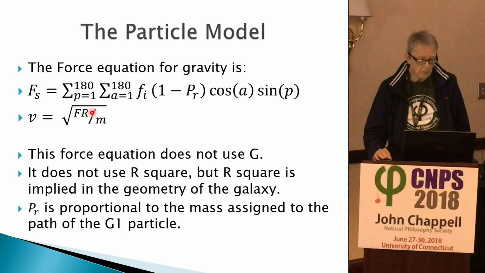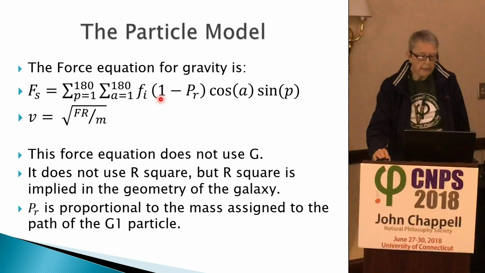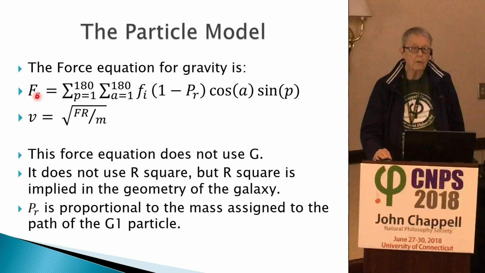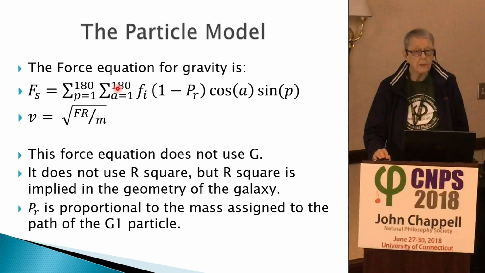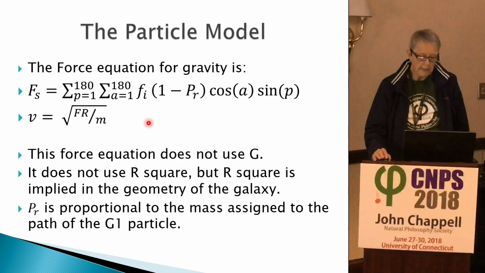And then this is the one I just showed you that I developed. So if you went to a distant star and calculated the force on that star using this equation, you would be able to plug it in here and calculate the velocity and see if you could match the curve. Now I've done enough of these calculations.